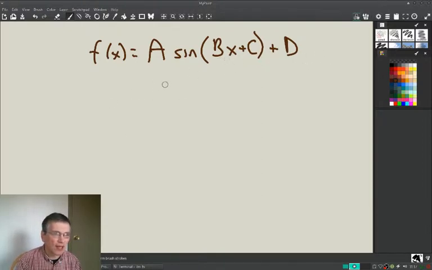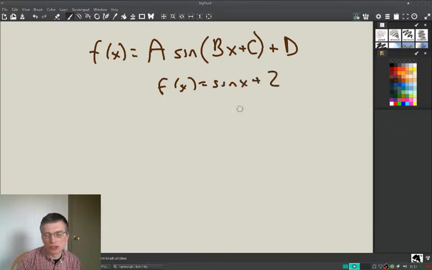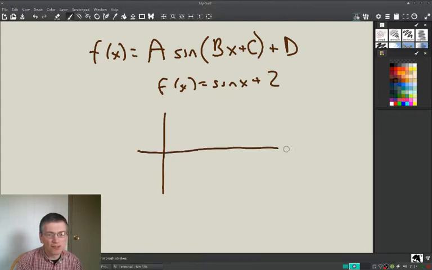So let's say A equals 1, B equals 1, C equals 0. Suppose we had just f of x equals sine x plus 2. What does that look like? Well, that's going to be a regular sine curve, but it's going to have 2 added to everything.